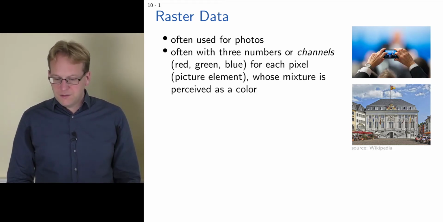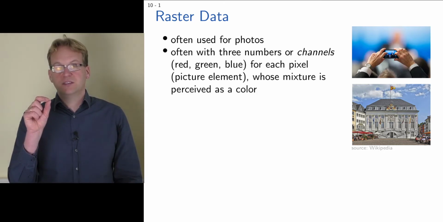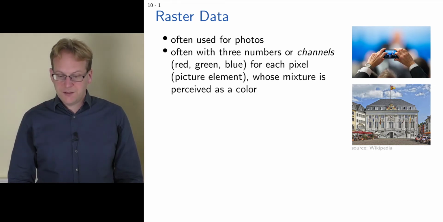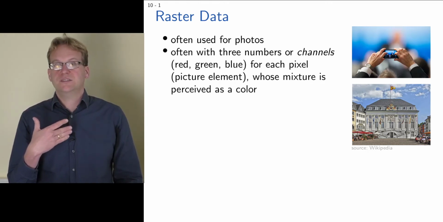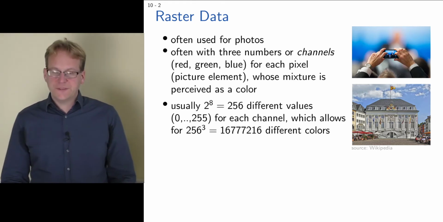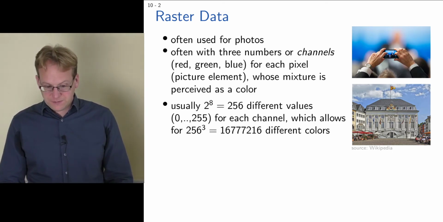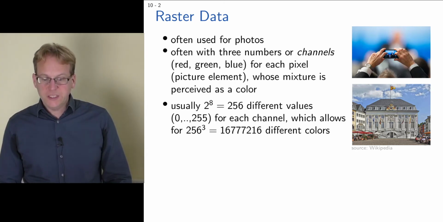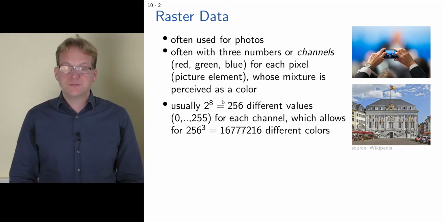And well, we have these three channels, red, green, blue. Then for each pixel, meaning each picture element, we basically store three numbers. And the mixture of these three values is then perceived by us as humans as color. Well, if you think of these standard consumer cameras, usually we have for each channel 8 bits.